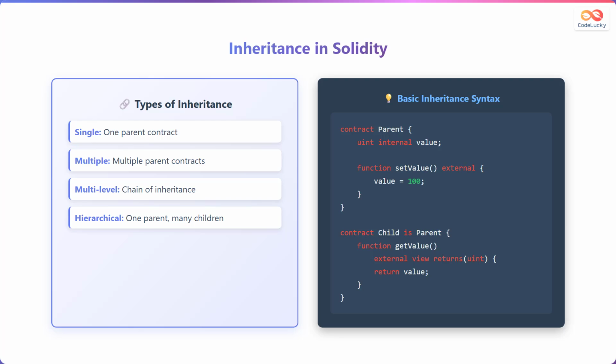Multi-level inheritance creates a chain where contracts inherit from other contracts that also inherit from parent contracts. Hierarchical inheritance occurs when multiple child contracts inherit from a single parent contract. The syntax uses the is keyword, and child contracts can access internal and public functions from parent contracts.